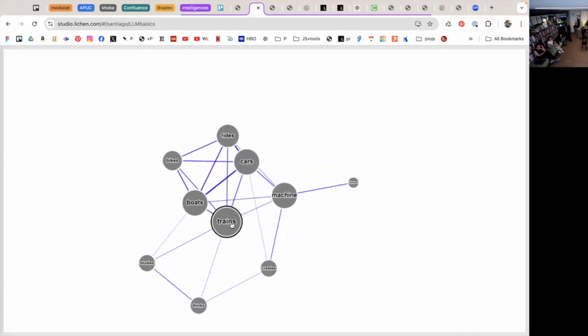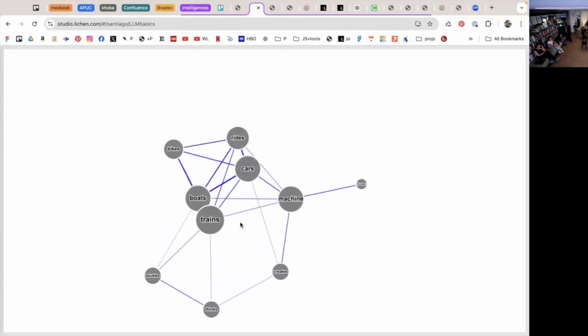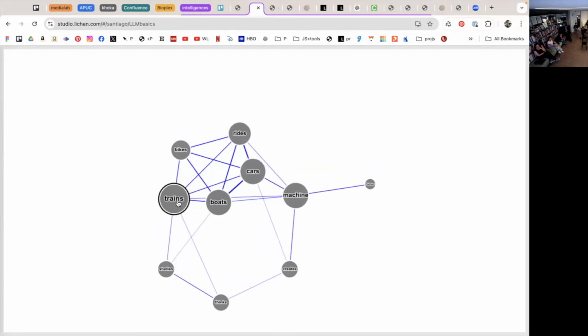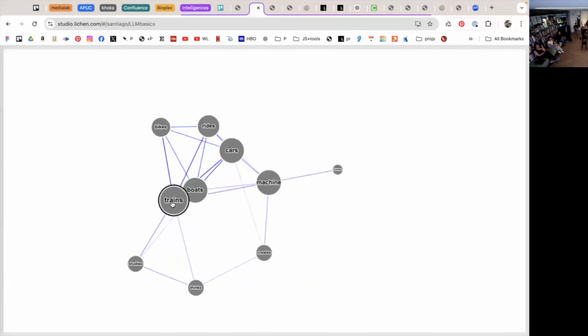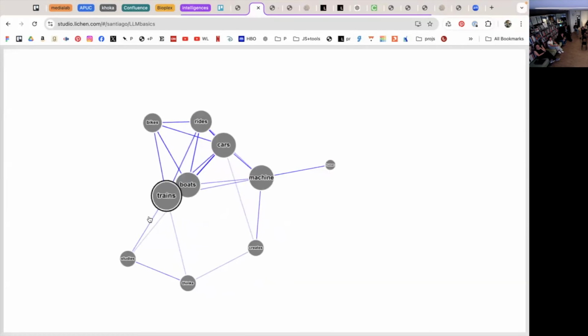Trains, on purpose I put trains, because it has multiple meanings. It could be the transport system, or it could be the verb, right? He trains, he studies, or she trains, she studies. So it's connected with this other kind of area of meaning.